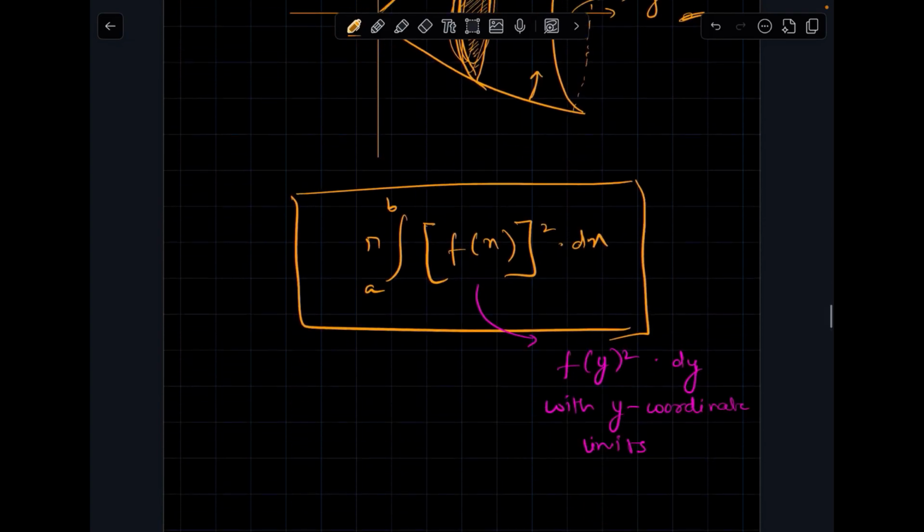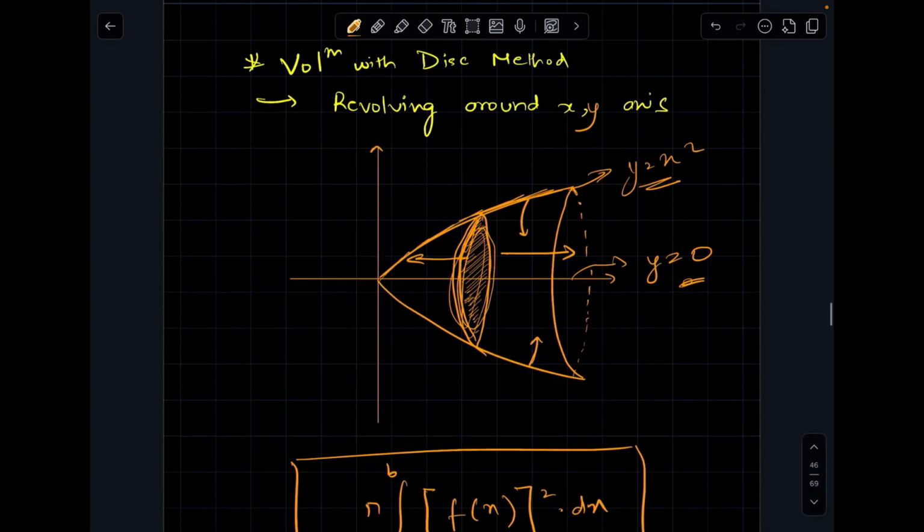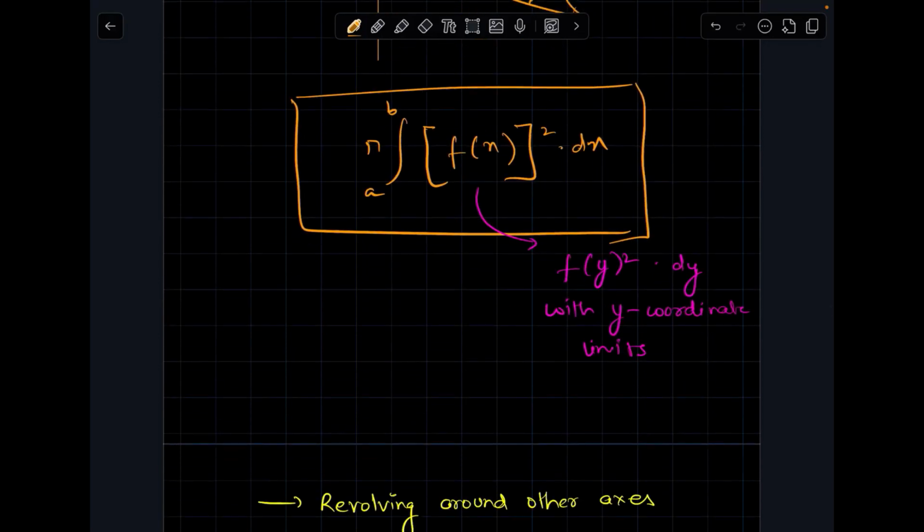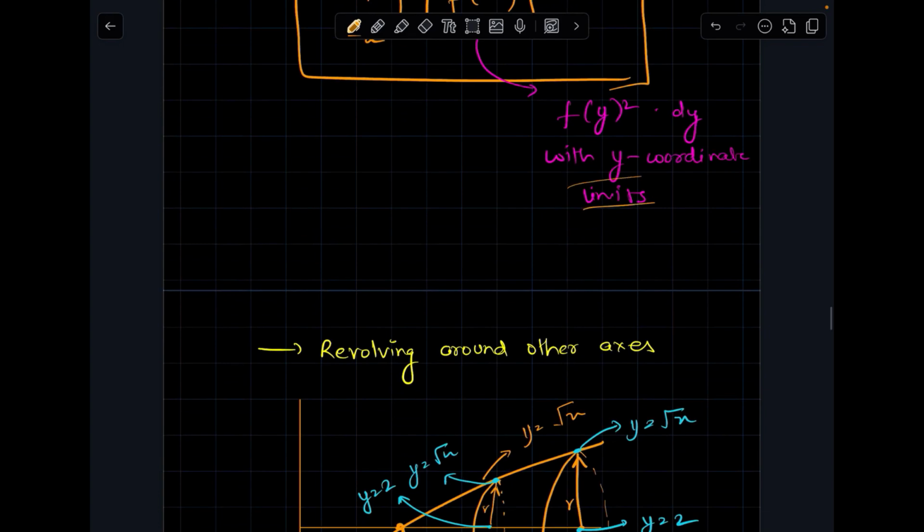So the general formula is pi times the integral of f of x, whole squared. f of x in this case is x squared, whatever function is being revolved around the x or y axis, with respect to dx and the limits a to b, which are going to be the x coordinates. Now, if you are revolving around the y-axis, instead of f of x we're going to write f of y, and we're going to integrate with respect to dy, and instead of a to b we are going to be integrating with limits c to d, which are going to be y coordinate limits, as mentioned.